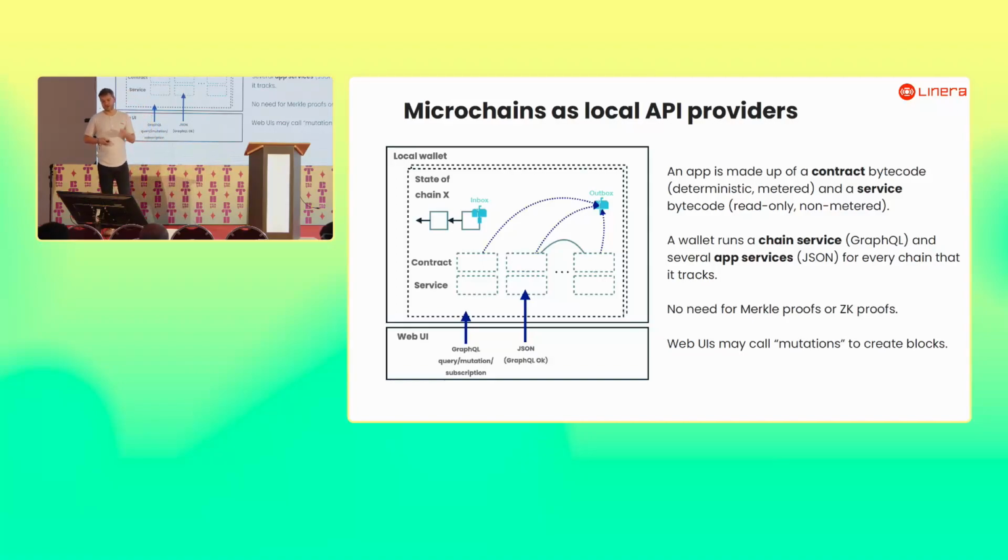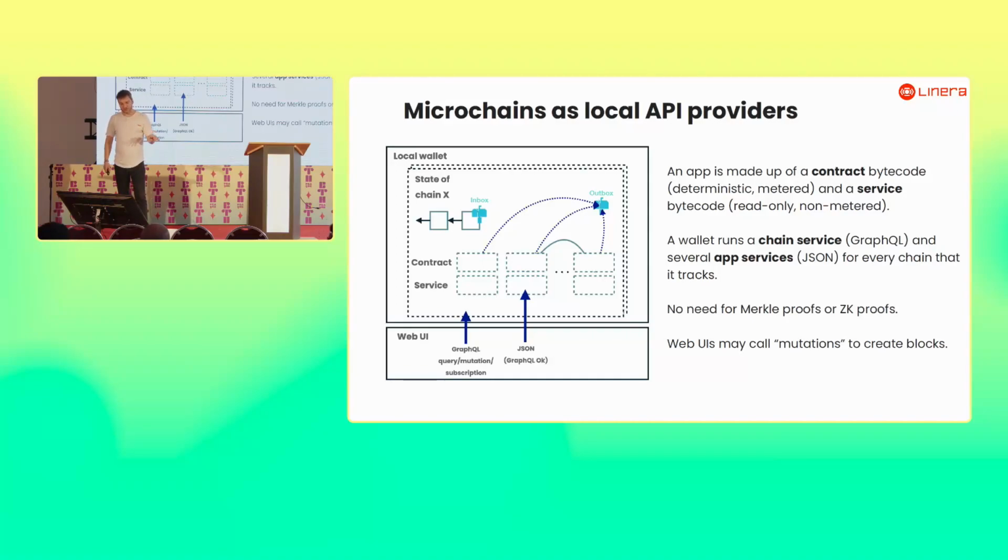The service bytecode, however, is fairly unique. You have to imagine that you have some code that is immutable on-chain, but is run off-chain. And that code will not be able to mutate the state of the applications, only querying it. But on the other side, it doesn't need to be metered, and it doesn't need to be deterministic. And so this is where we leverage here to help applications create their own specific data provider for their own UIs.